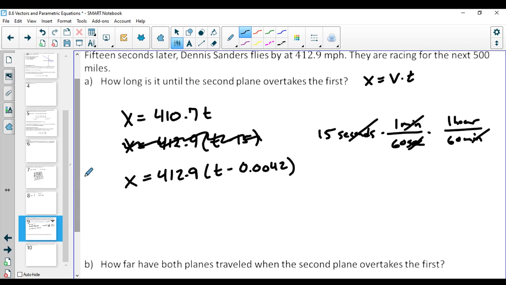So from there, all we have to do is solve for t in each. Since we have x equals and x equals, we can set them equal to each other. If x equals this and x also equals this, then they should equal each other.